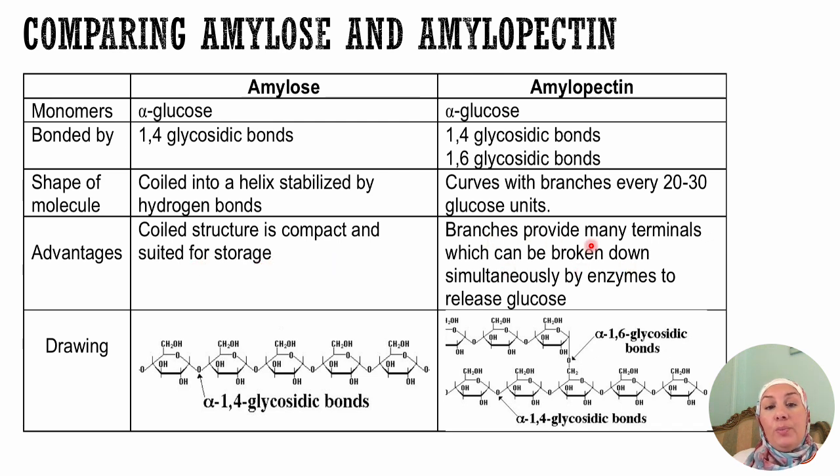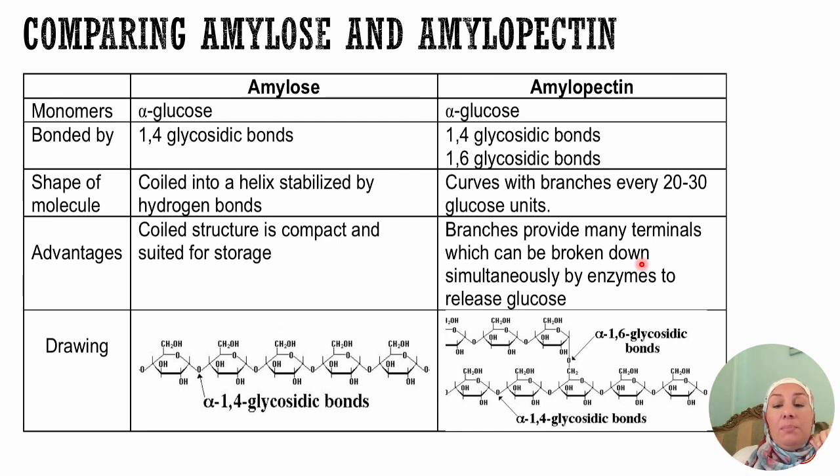Over here, the amylopectin has many branches, and this provides many terminals, meaning many ends. These ends are the parts where enzymes can attach and start breaking this molecule. So if I have a very long chain with only one end on one side and one end on the other side, only two enzymes can start breaking down this starch molecule or this amylose.